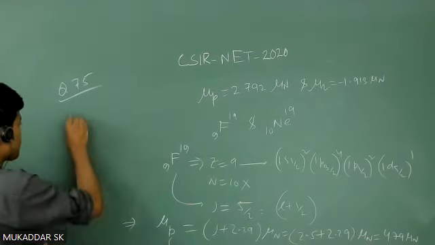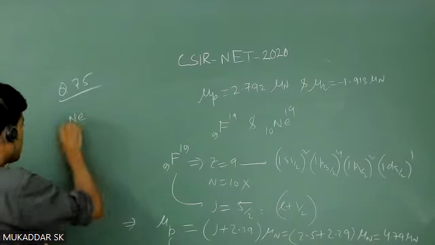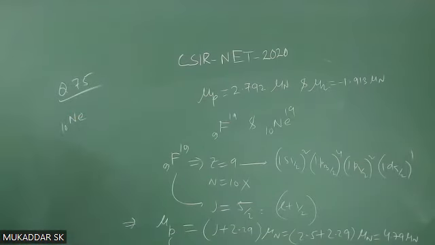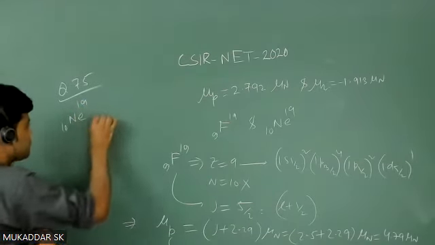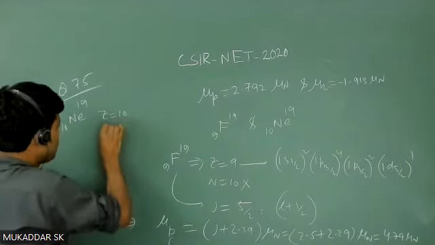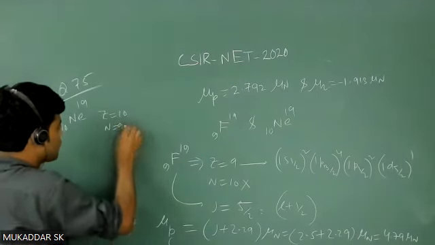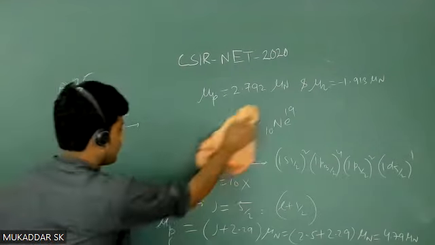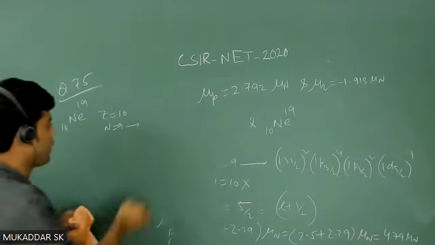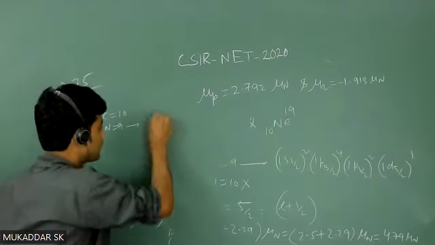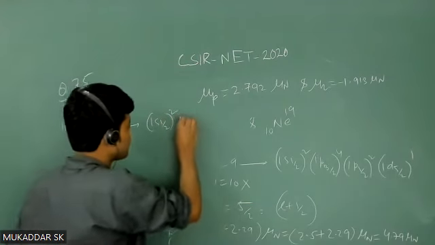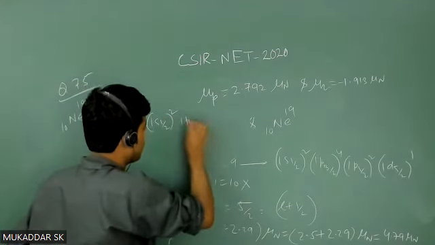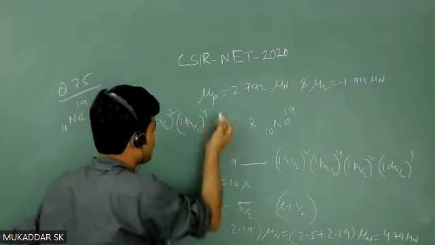Then you have neon. Again, if you see here, protons are paired, but neutrons are actually unpaired. So we have to fill the neutrons. In the first shell, you will have again s1/2 that will contain 2 neutrons. In the next shell, you will have p3/2 that will contain 4 neutrons.